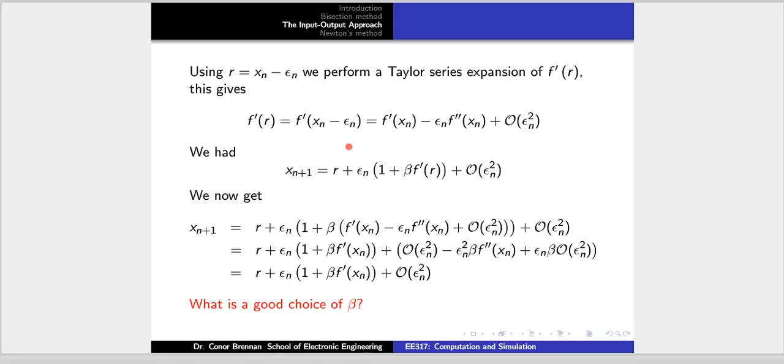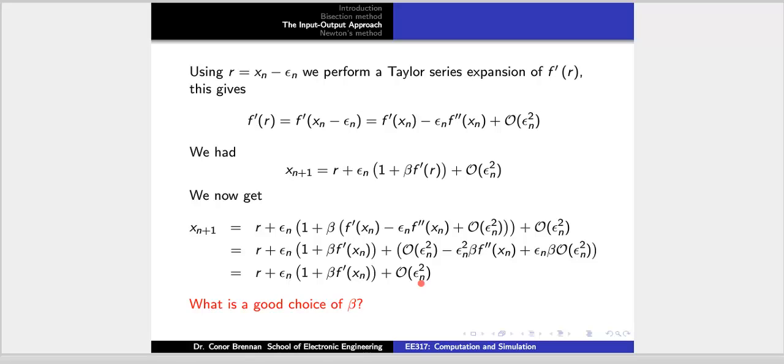So let's recap on why this is so exciting. This is so exciting because at our previous estimate, we had xn. It had an error epsilon n, which was a small number. By doing this process and by using this choice of beta, at the next step, xn plus 1, the error won't be epsilon n, it's going to be epsilon n squared.